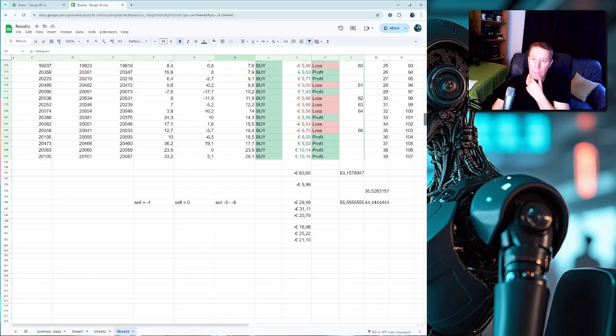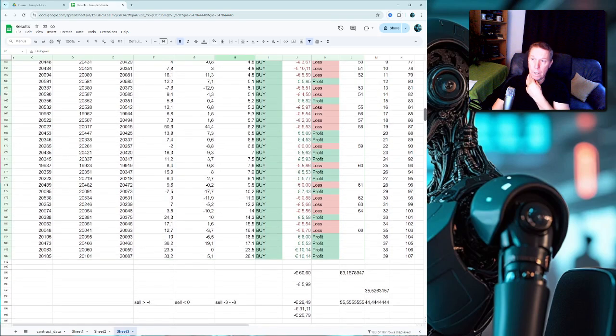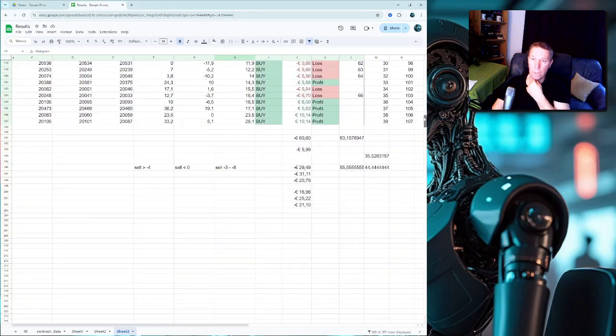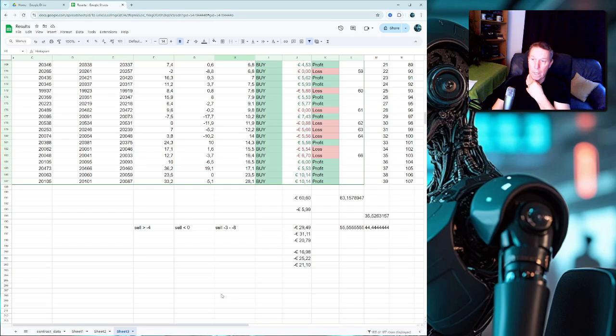Yeah, okay, we got a lot of numbers, we did a lot of analysis, and we could conclude that to get a better buy, you need the MACD histogram to be larger than 4.